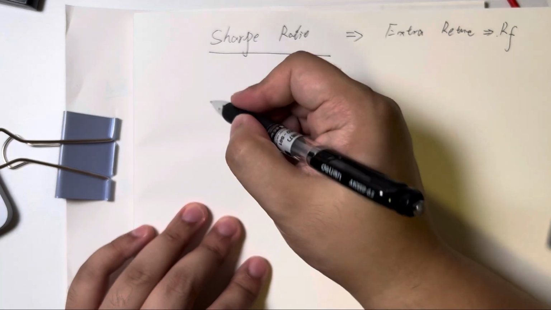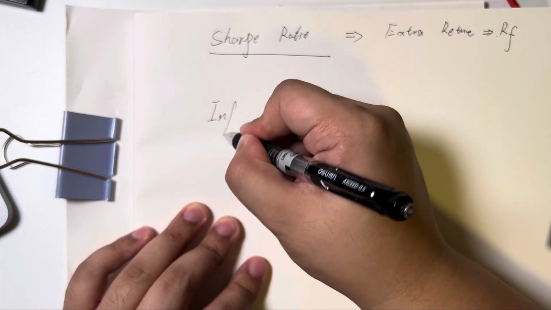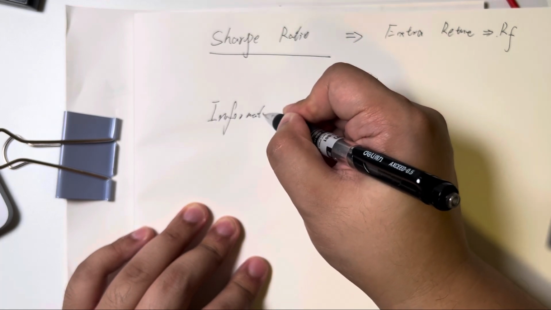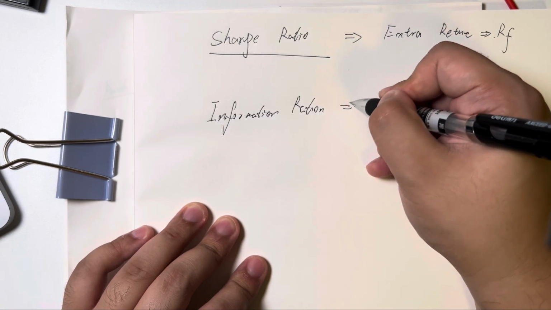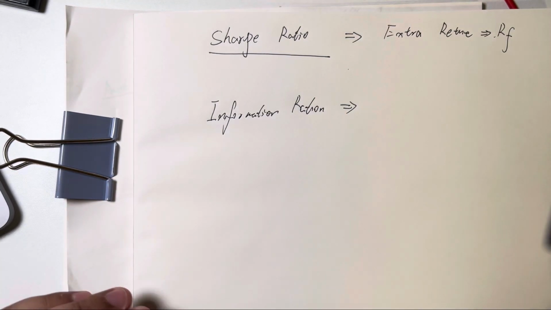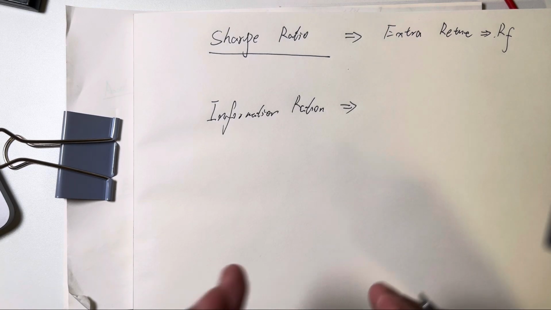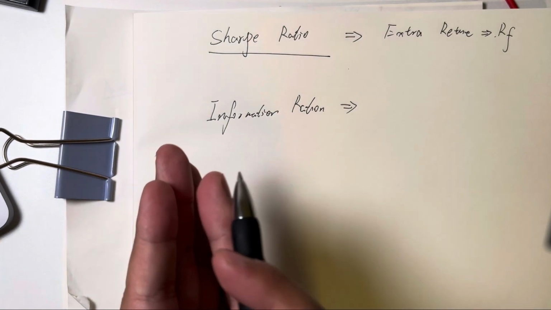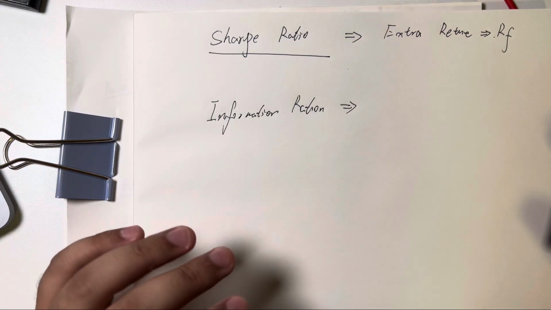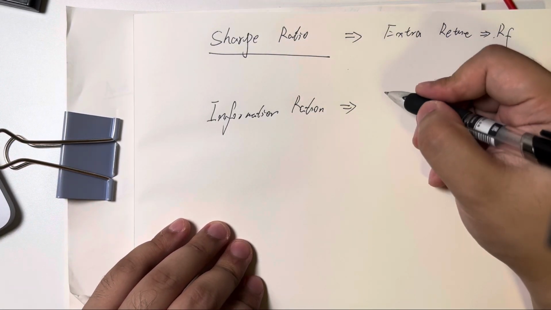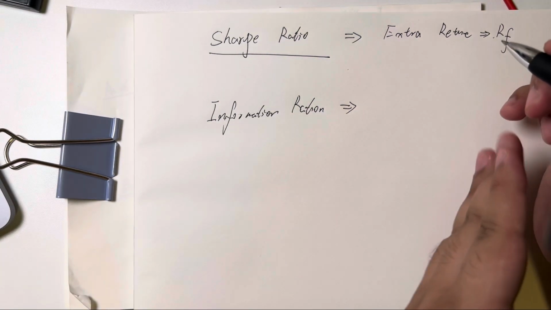Let's talk about the information ratio. The information ratio is sort of a criterion to measure how well your portfolio does when you compare it to a specific benchmark.